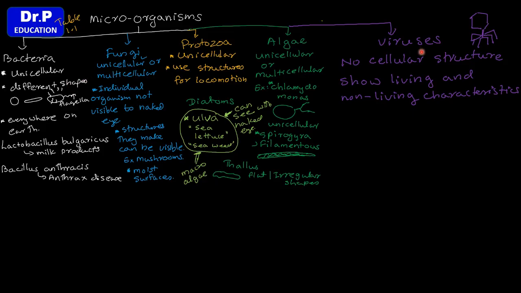But when it comes to viruses, they cannot grow or multiply on their own. So all these can show living characters like respiration, growth, not viruses. So I'm going to list those characteristics here.